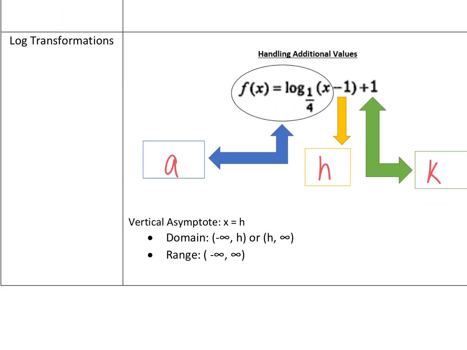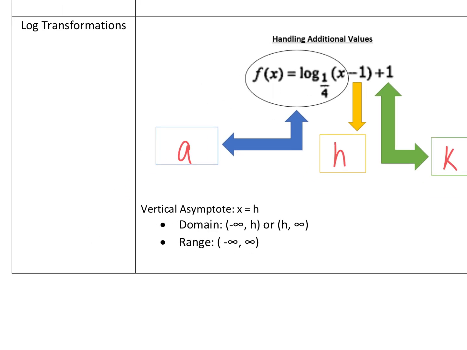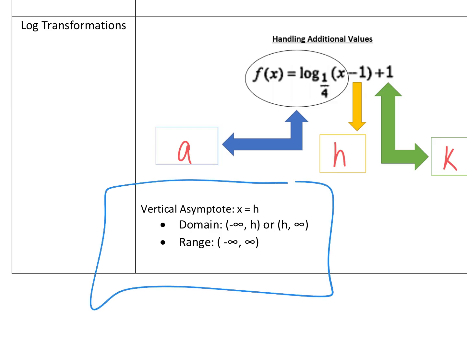Okay, next thing I want you to do is just like before, box this in. I'd probably write log on it just so we're clear. This is what we have to know like the back of our hand. So, once again, logs are the inverse of exponentials, correct?